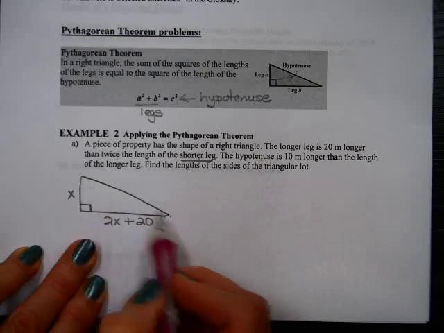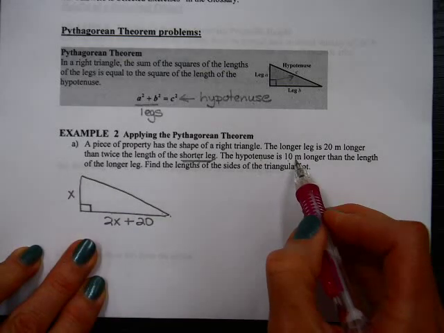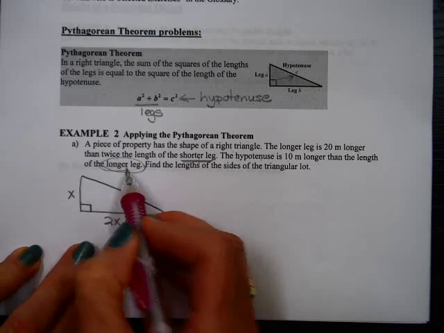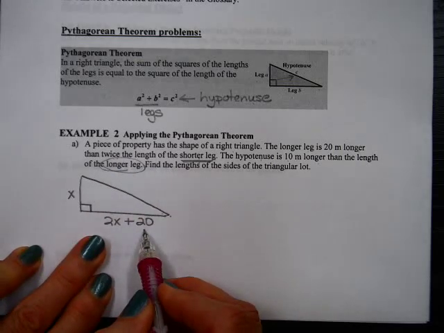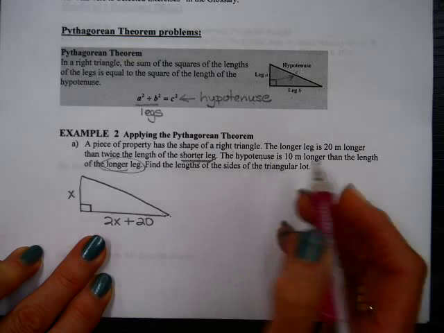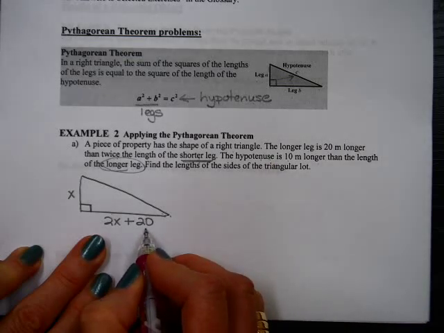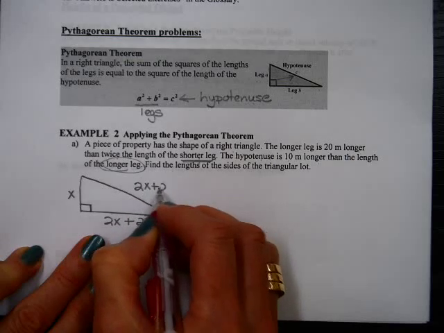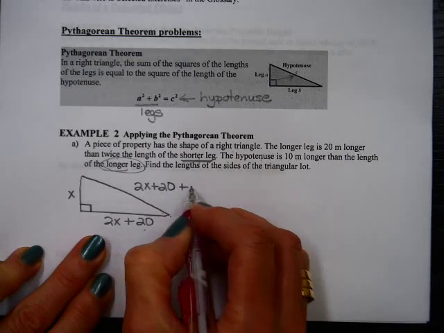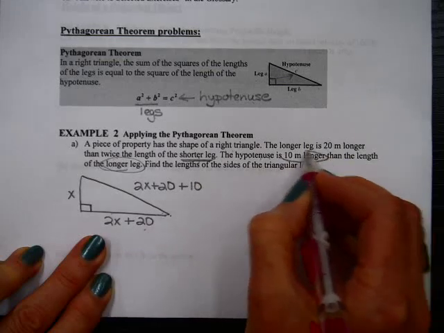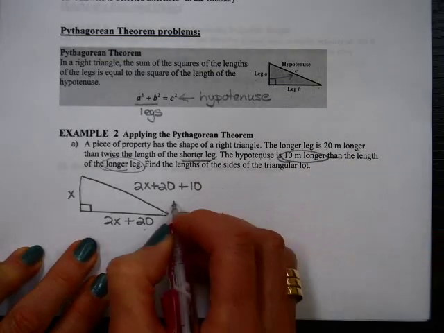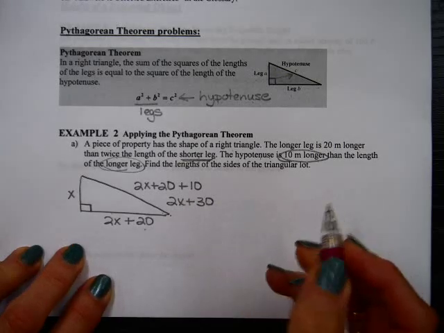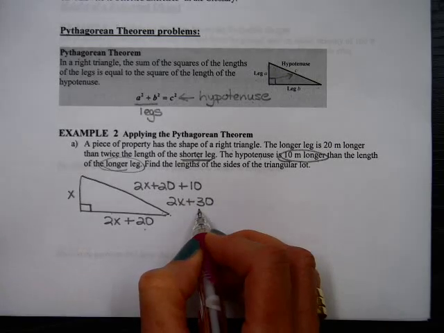The hypotenuse, that's this one, is 10 meters longer than the length of the longer leg. Well, we know this is the longer leg, so our hypotenuse is 2x plus 20 plus the 10, because it is 10 longer. So that is actually 2x plus 30, and that is our hypotenuse.